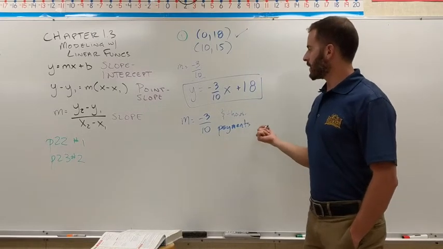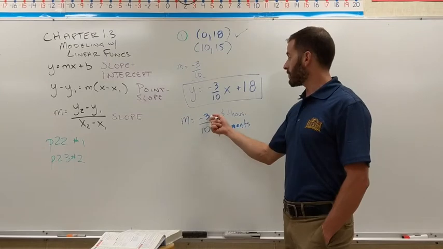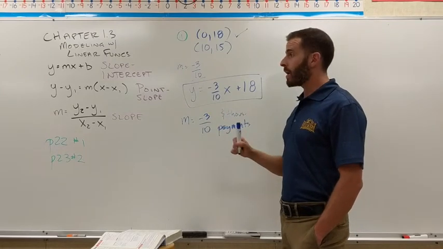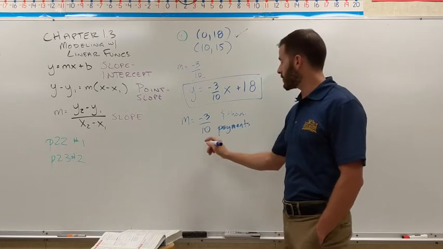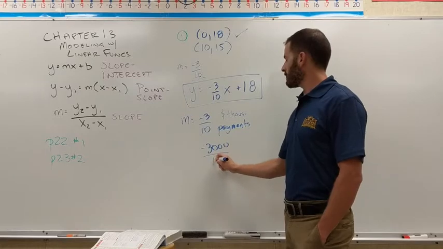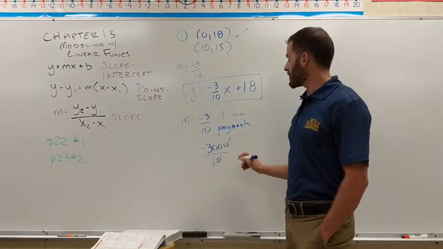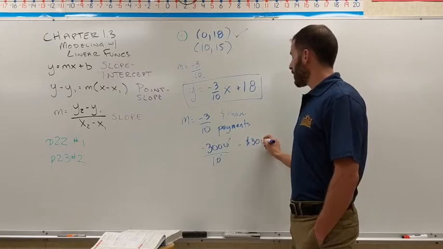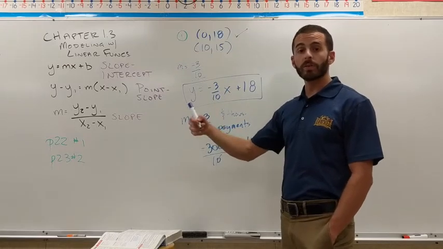So I can say something like my balance goes down $3,000 every 10 payments. You can simplify that further if you want to. If we're going down $3,000 every 10 payments, maybe we're going down $300 every payment.